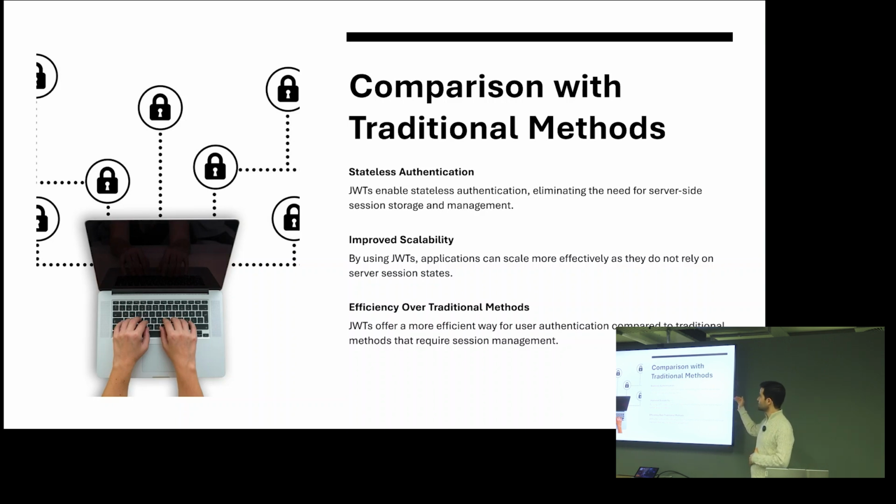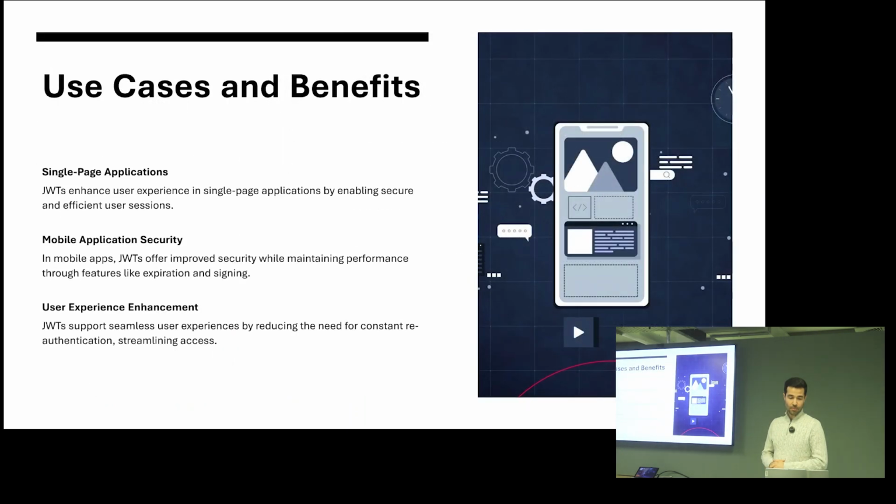This is quite helpful when you're going to implement scalability in your application, because you don't need to worry about server-side session storage and management, because this token has everything you need. You can simply scale your application and you just receive the JWT token in each request. And it's quite efficient and better than the previous username and password.